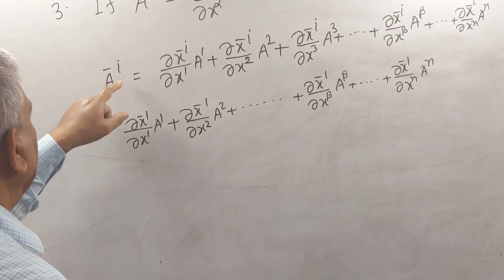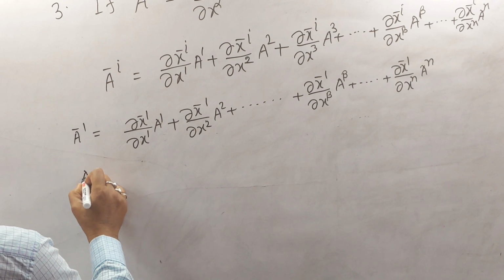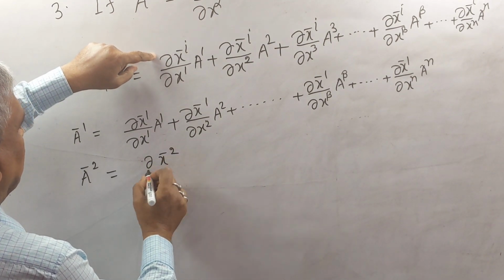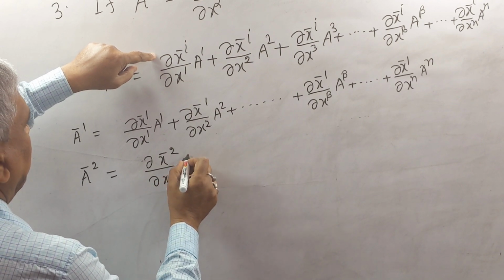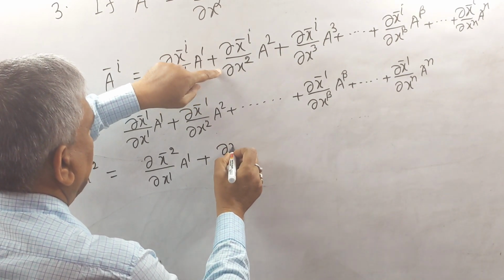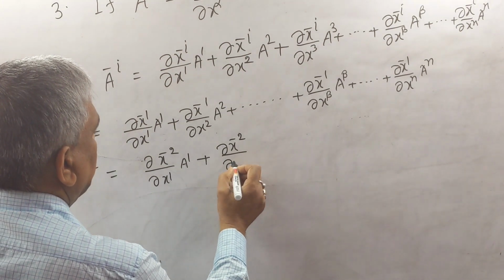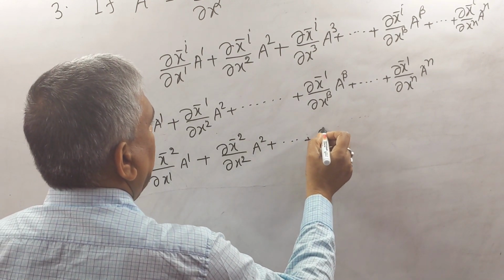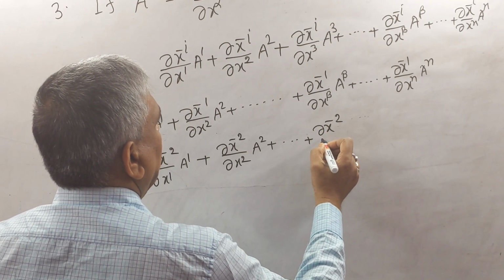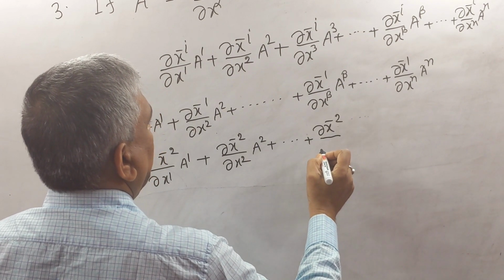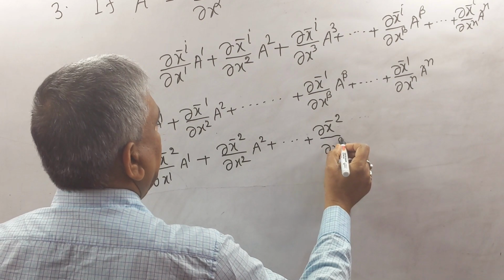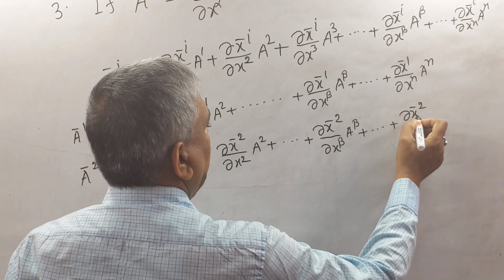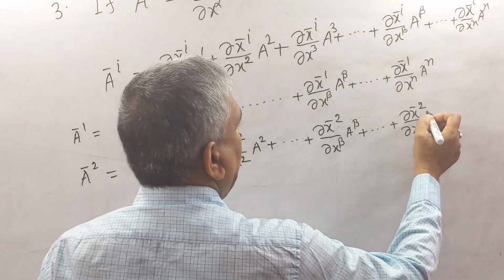Again putting i equal to 2, a bar 2 equals del x bar 2 by del x1 a1 plus del x bar 2 by del x2 a2, plus del x bar 2 by del x beta a beta, plus del x bar 2 by del x n an.